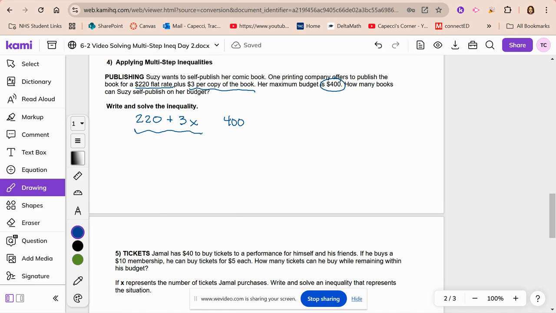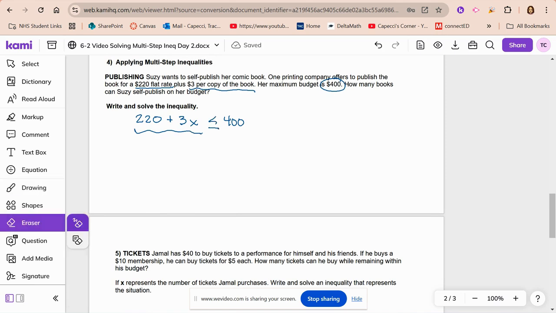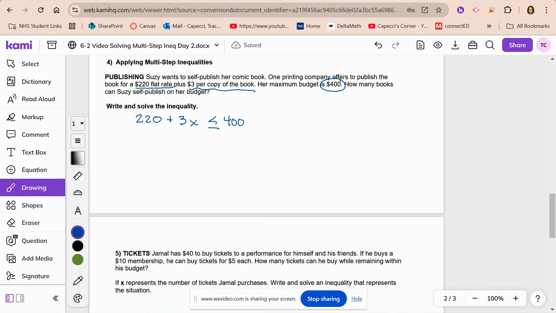So whatever's going on here has to be less than or equal to $400, right? Because $400 is going to be her max. All right, so let's solve it to see how many books she can actually publish. So again, I'm going to get x by itself. So 3x is less than or equal to 180. Divide both sides by 3. So x is less than or equal to 60.